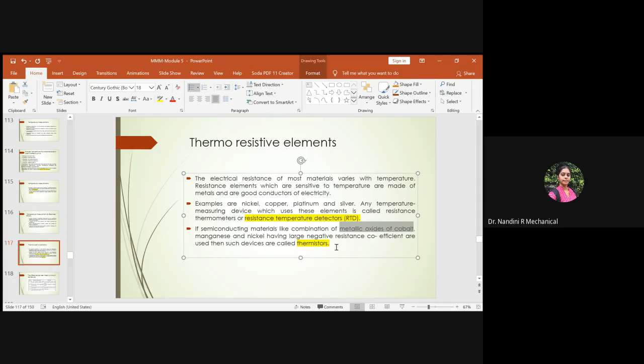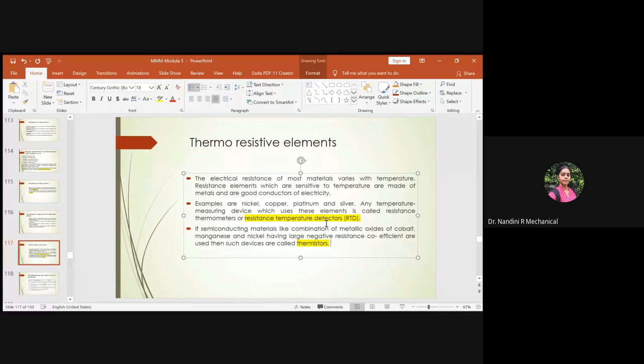So if in future we call something a thermistor, first keep in mind that it is made of semiconducting materials. If it is called a thermometer, then it is made of metals which are good conductors. So resistance thermometers are conductive materials, and thermistors are purely semiconducting material.